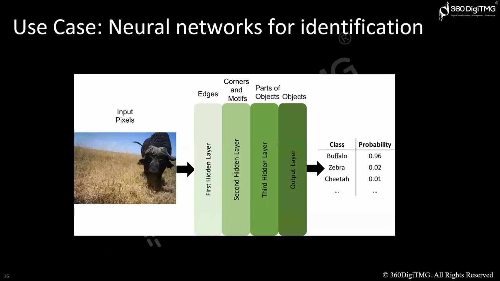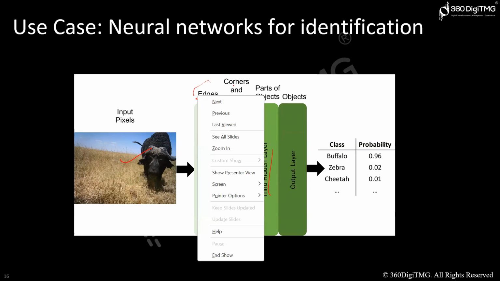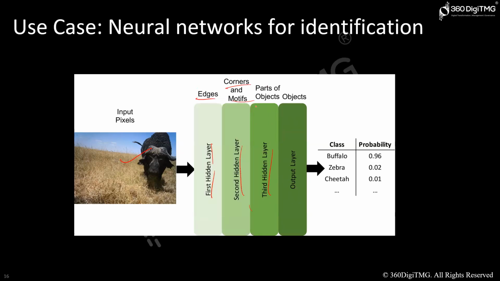So this is one simple example. We are inputting pixel data of a buffalo, and we first insert it into the hidden layers. That is the first hidden layer, second hidden layer, and third hidden layer. Here we can see the first hidden layer is the edges, and the second hidden layer is the corners and contours. The third hidden layer is the parts of objects, and the fourth, output layer is the object that it has identified.